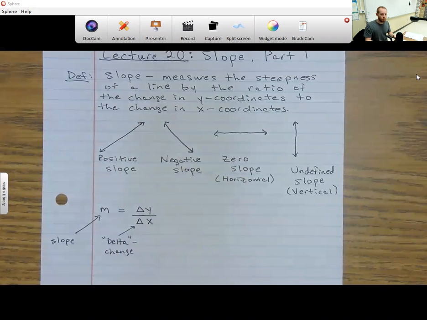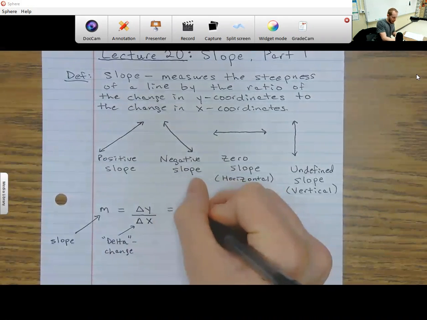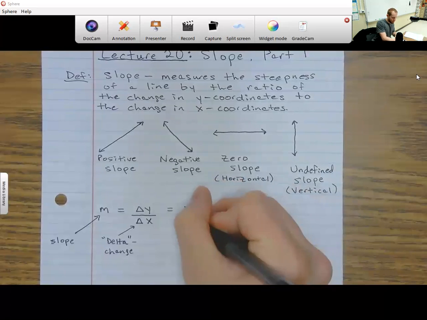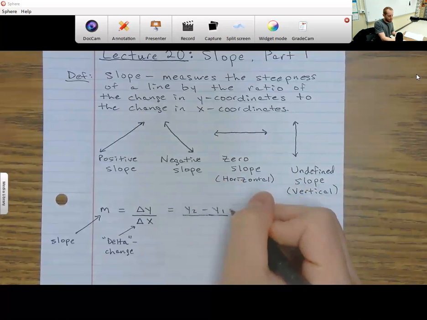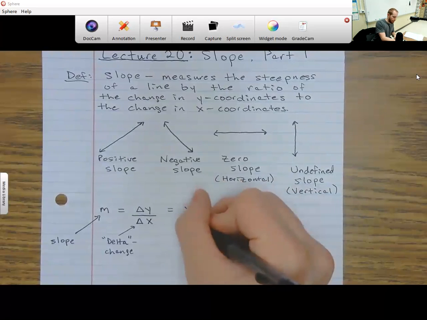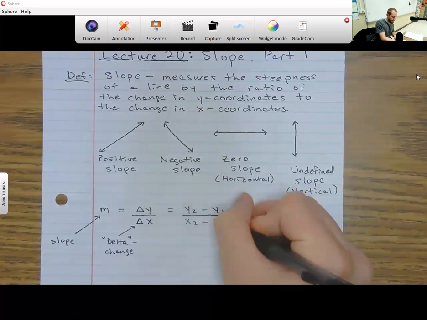You're always going to put your y coordinates on top, and you're always going to put your x coordinates on the bottom. Okay? So the way this is going to be done is you're going to have y2 minus y1 at the top. So I'm subtracting my y's at the top, as usual, and I'm subtracting my x's at the bottom. So you're going to have x2 minus x1 at the bottom.